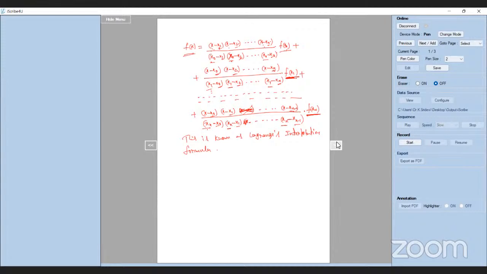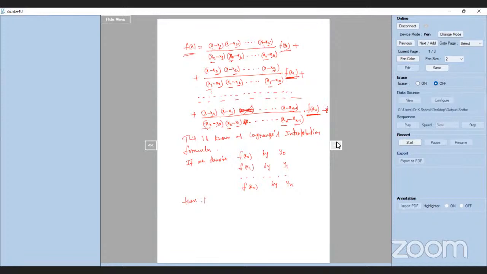Now, in this formula, if we denote f of x0 by y0, f of x1 by y1, and so on, f of xn by yn, then give equation number 2 for this formula.